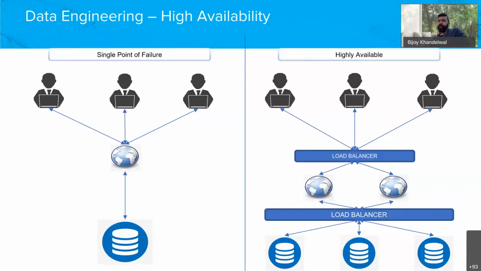Very, very underrated stuff, but highly important when you are going for a production pipeline and you want to make this whole thing robust, which we very conveniently put on slides while making our pipelines. If you go into the essence of it, this is what it is. You just have to make it failure proof.